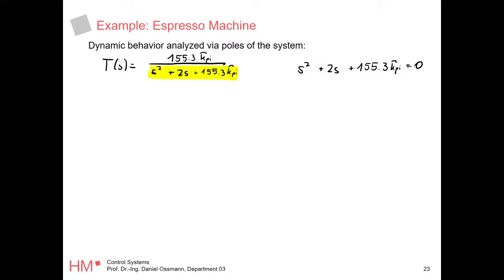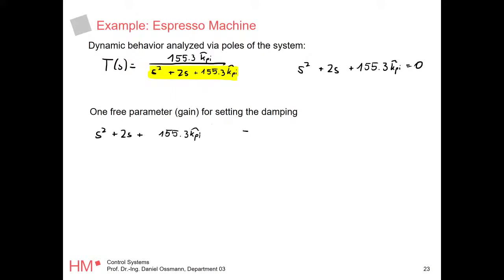Okay? So what can we do with this one? Well, we know that this is a second order model, right? And a second order model is generally written as s squared plus 2 d omega 0 s plus omega 0 squared, correct? This is when we introduced the PT2 system.